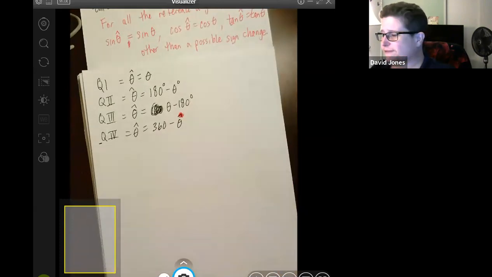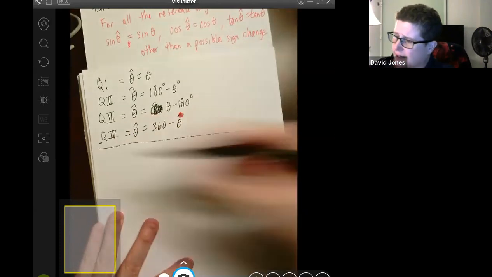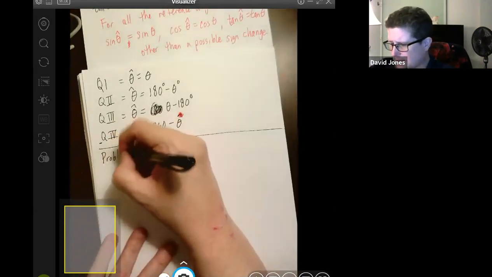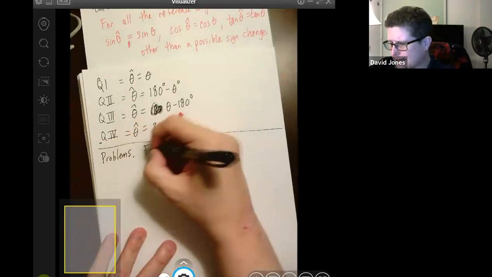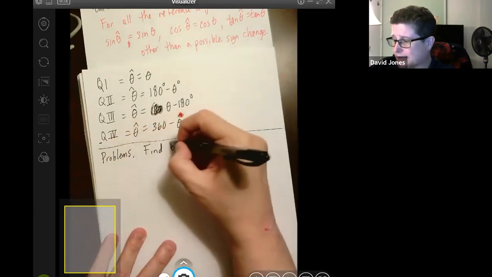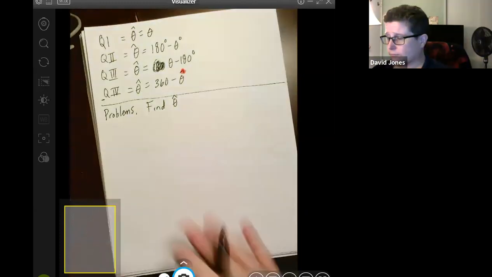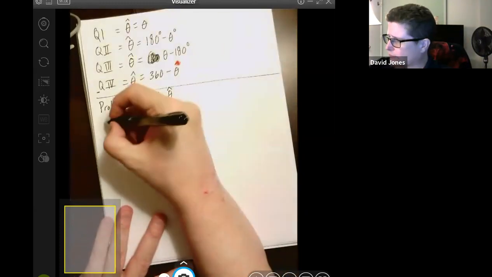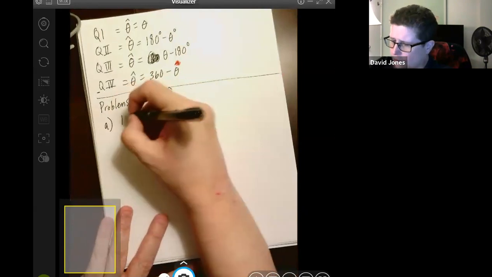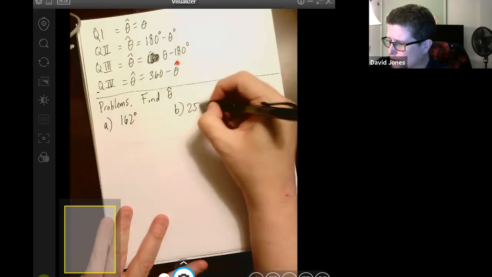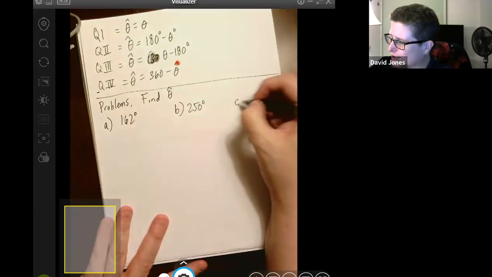Let's use this to find reference angles. So, some problems. Find theta hat. We're going to do 162 degrees. We'll do it together, and I'll have you do these other ones on your own.